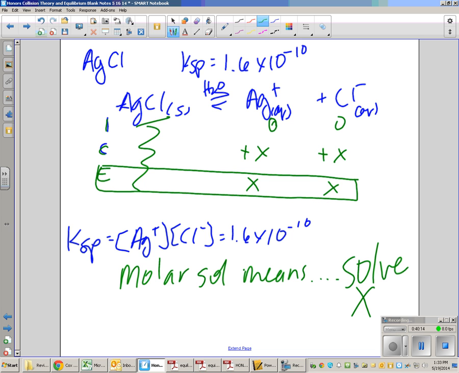All right, what do I do with those? Okay, so I'm plugging them in where? Right, so the KSP gives me Ag to the first power, Cl to the first power. So that's just going to be x times x, which is x squared. How do I solve for x? Square root, so 4 times 10 to the negative 6. Somebody tell me if that's right.